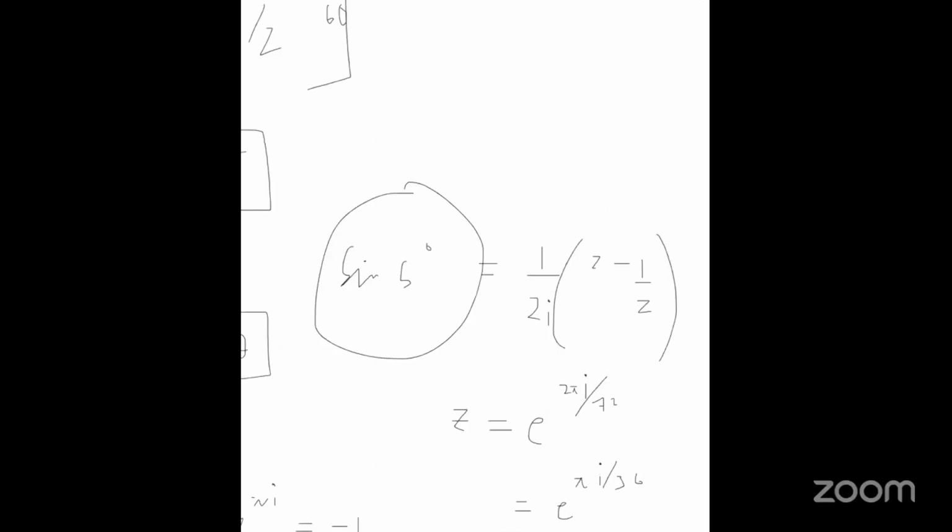That's one approach. Or you can try to fuse sine 5 with sine 85, or you can try fusing sine 5 with sine 175. It's up to you. The choice is yours. There are so many things to do.